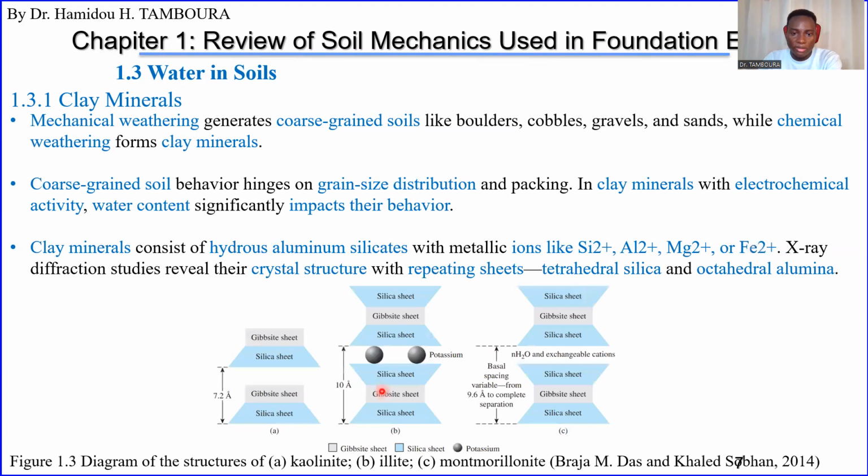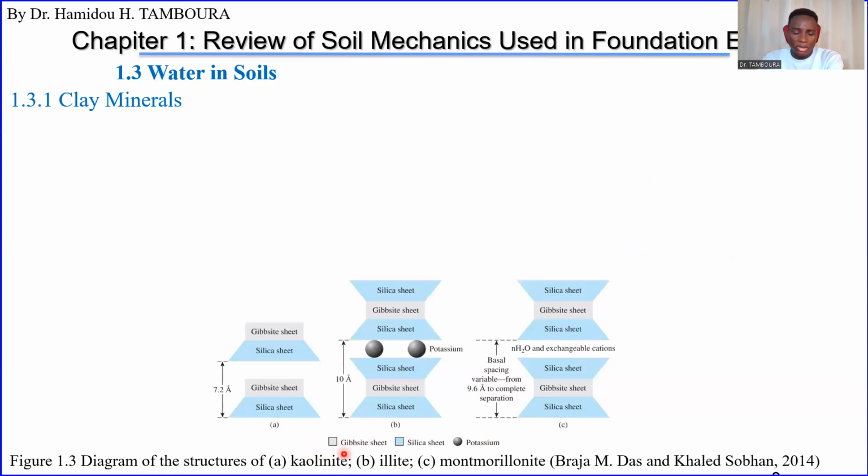B is illite. For kaolinite, the X-ray diffraction study shows repeating silica sheets, gibbsite sheets, and again silica sheets, gibbsite sheets.